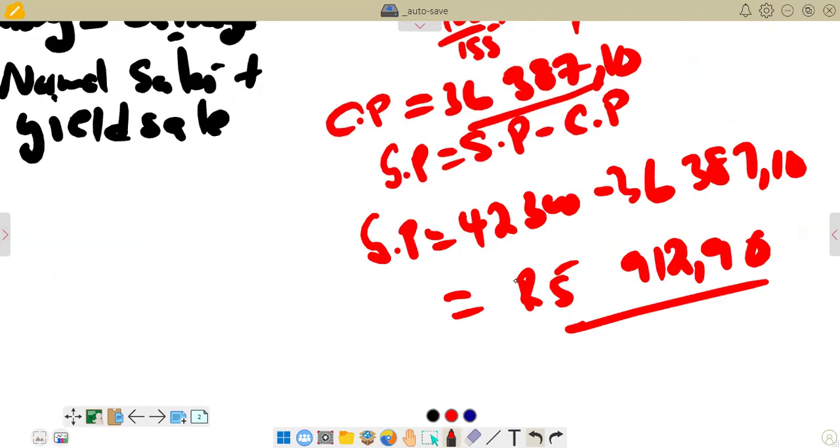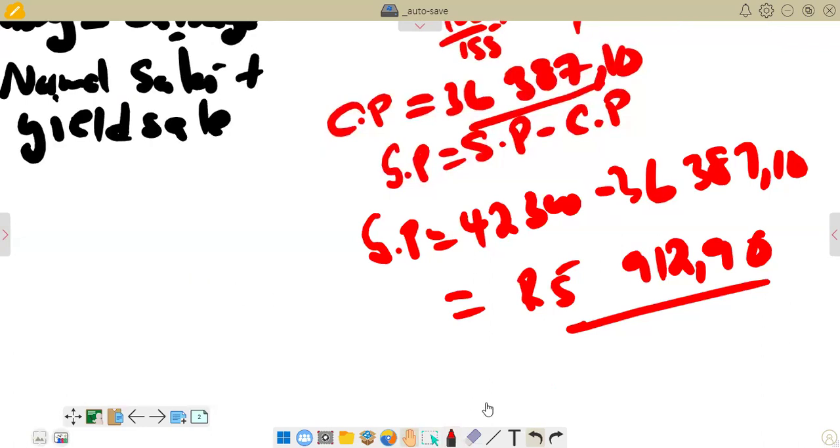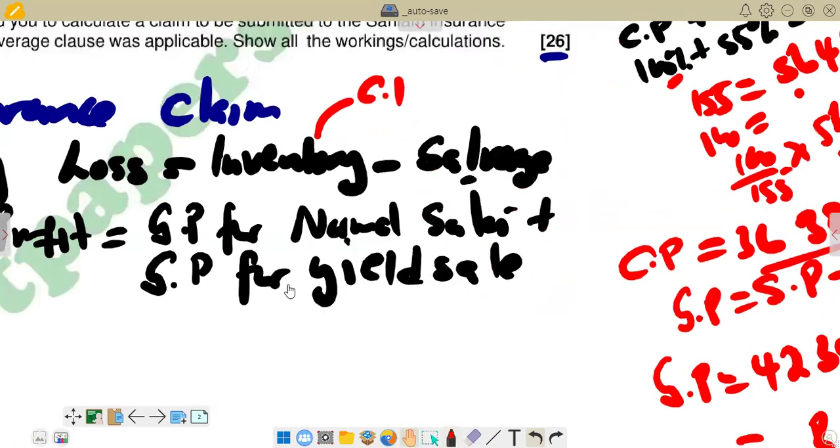So remember, where we want to arrive is where we are going to say gross profit for normal sales plus gross profit for yield sale. So now we have got gross profit for yield sale, which is our figure that we found there, 5,904.90.